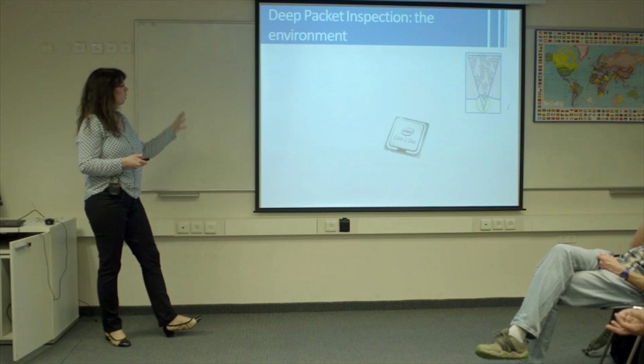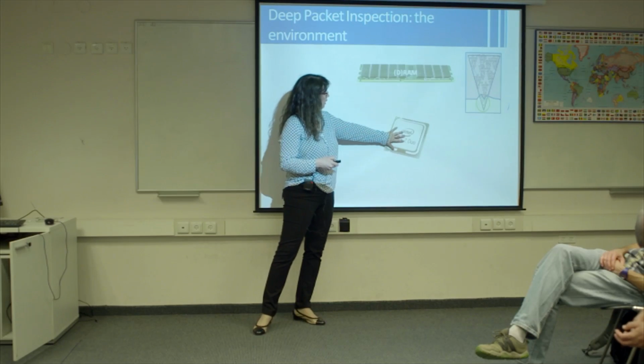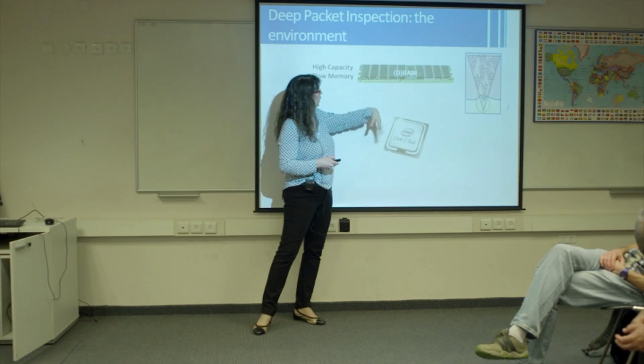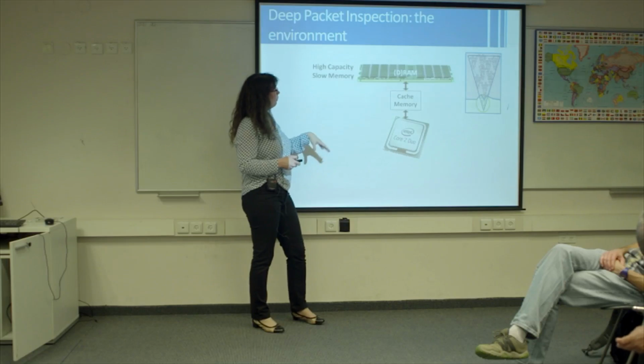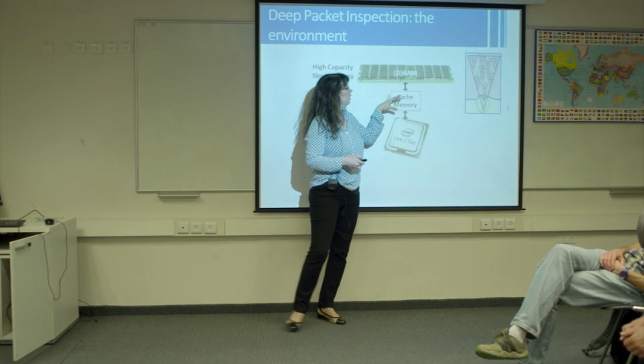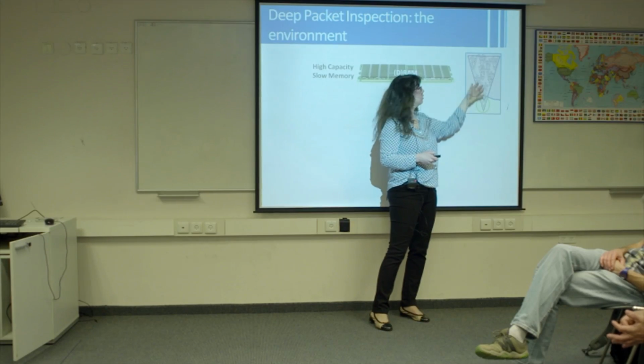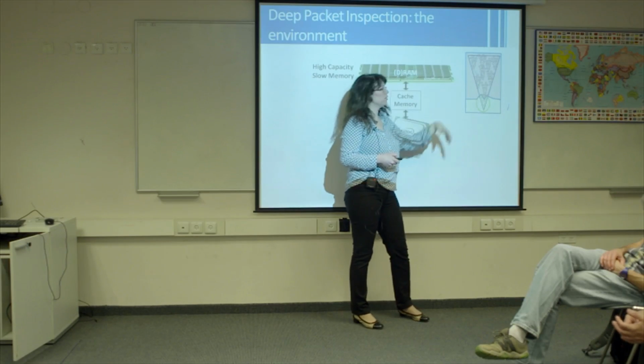And this is because of the environment of the deep packet inspection. You have the CPU, you have the main memory, but a major factor of the performance is the cache. Okay? The data structure is usually huge. This is a kind of DFA or something like that.